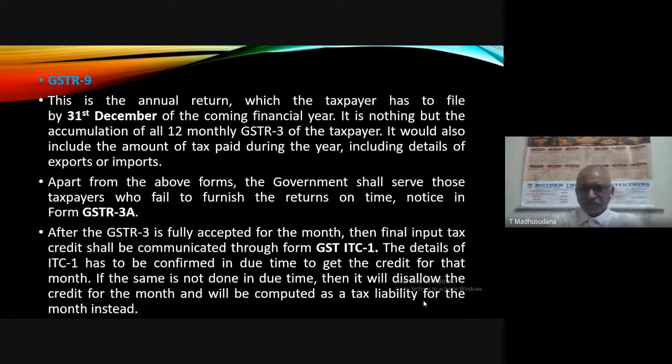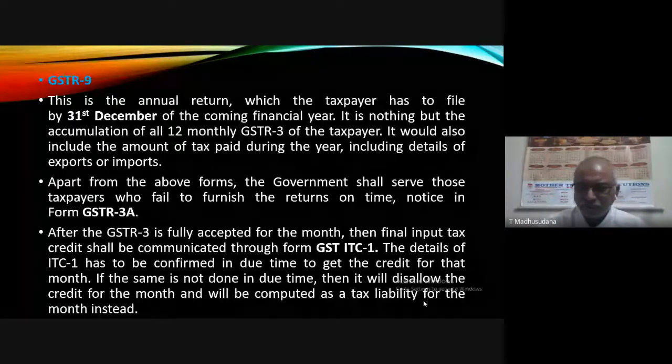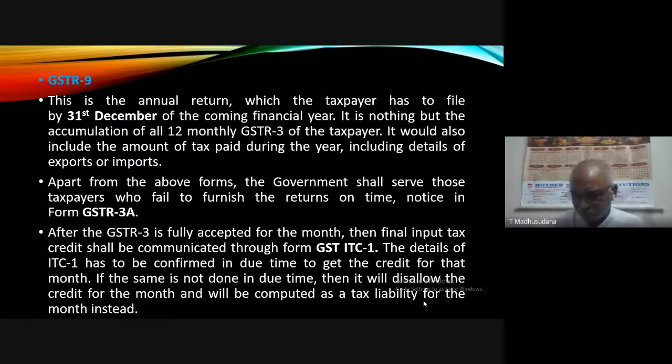So after sending information to the concerned person, if he does not respond or does not confirm, then automatically the government will disallow the input tax credit and the customer has to pay tax to the government.